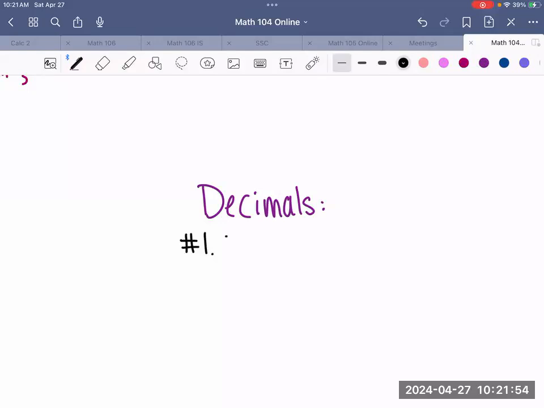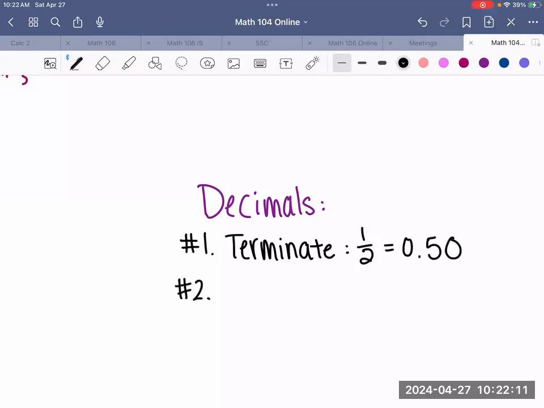They either have to terminate, so we have things like 1/2, which is 0.5 or 0.50, or your numbers can be repeating, or if they have any sort of pattern.